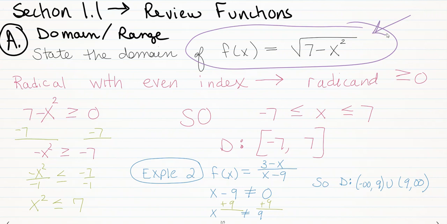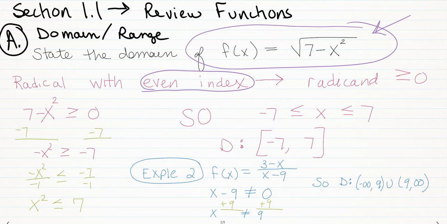Well, the important thing to notice about a radical is that if there's an even index, and when I read this I said square root, it's implied that there's an index of 2 in here.